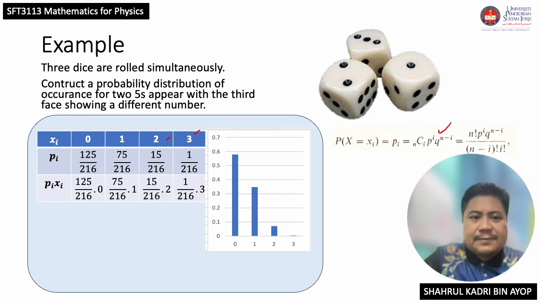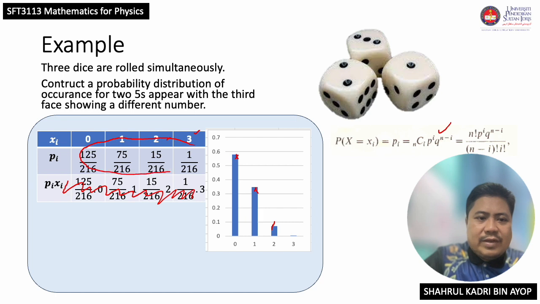From here we can actually make a graph, which is related to the next lesson. So we can plot this into a distribution graph. When you add all these numbers, you will get equal to 1.